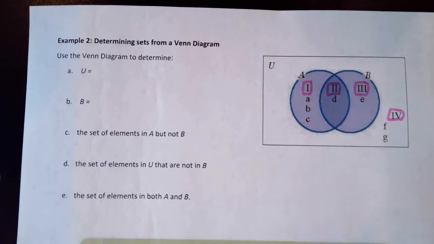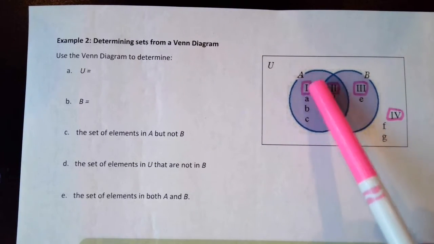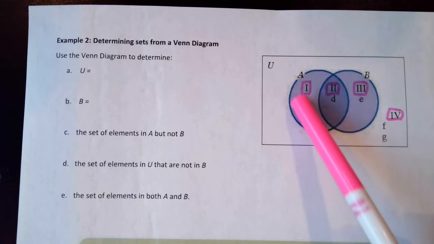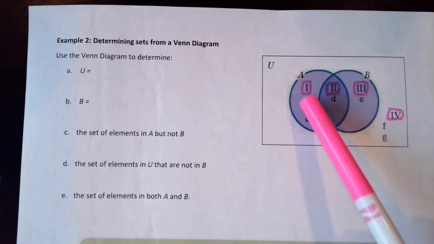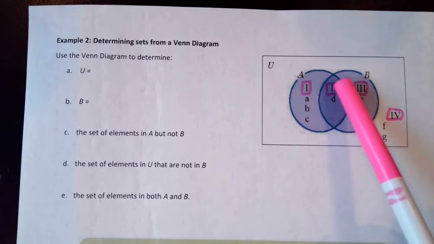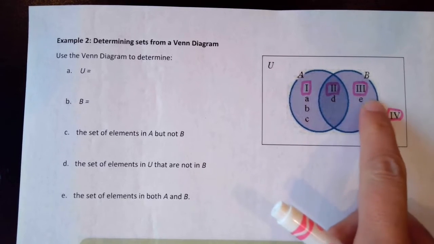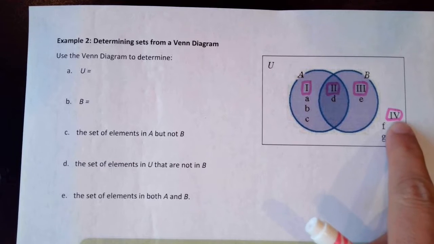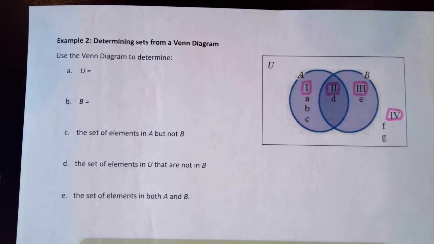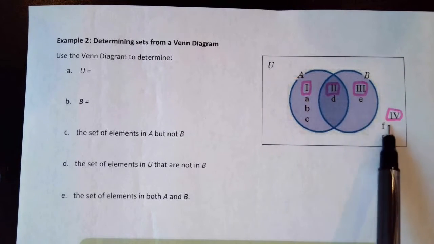So these Roman numerals are saying that just this little piece over here in A, this little like crescent over here has A, B, and C. Area 2 is containing the letter D. Area 3 is containing E. Area 4 is containing F and G. And your homework in Math Lab is going to ask you things about the areas on there. So that's what these are there for.